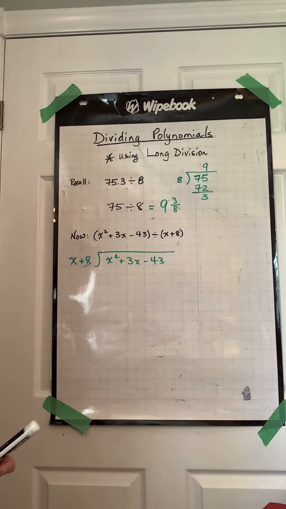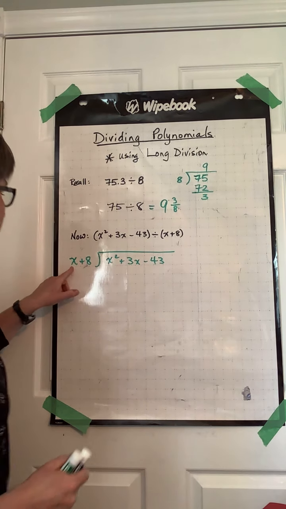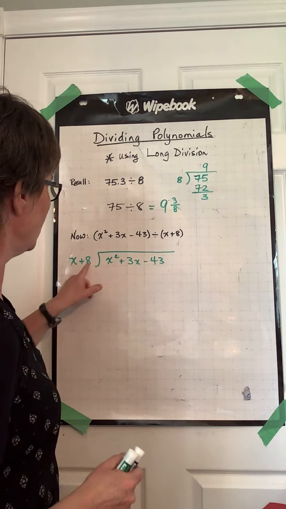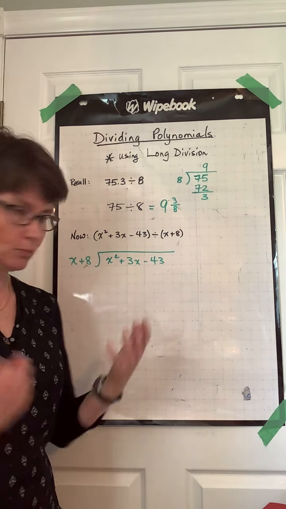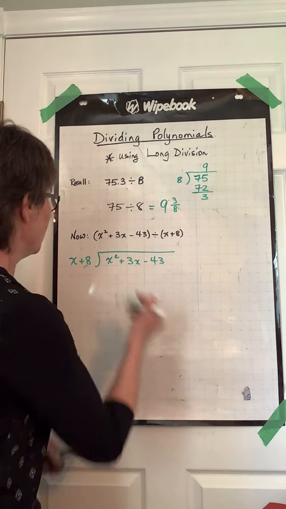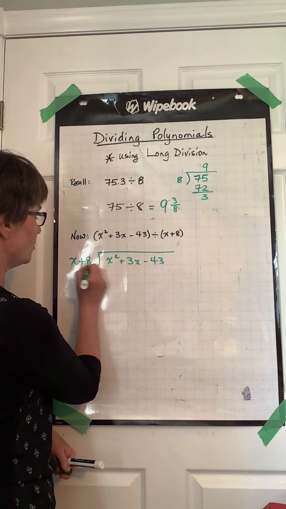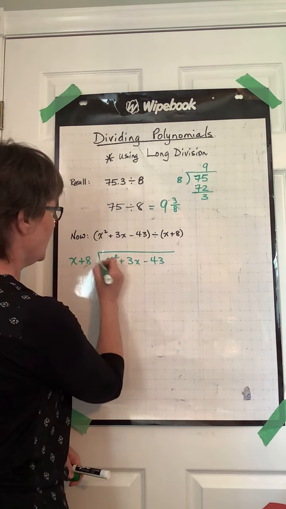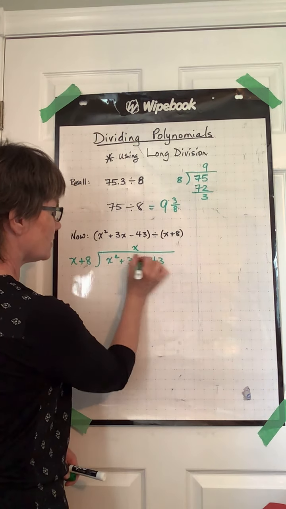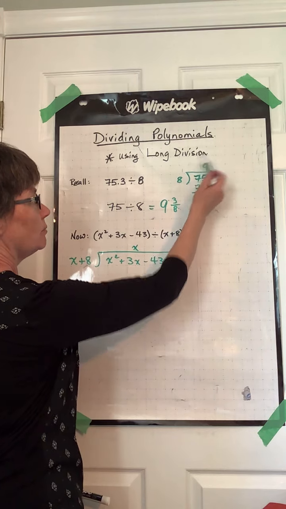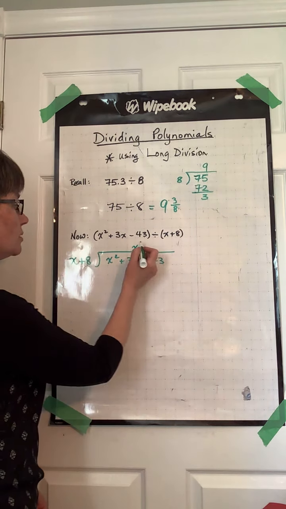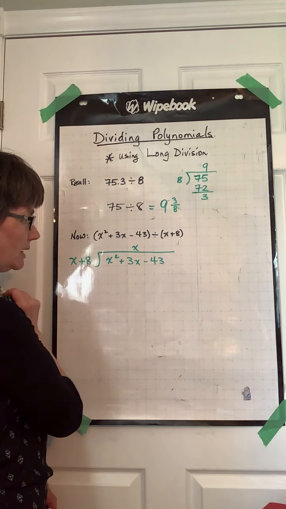Okay, so we want to think about x goes into x squared how many times? Well, x times. And because this is a binomial, I'm going to put that x above the second term over. And now, just like I multiplied 8 by 9 here to get 72, I'm going to multiply x by the x plus 8.